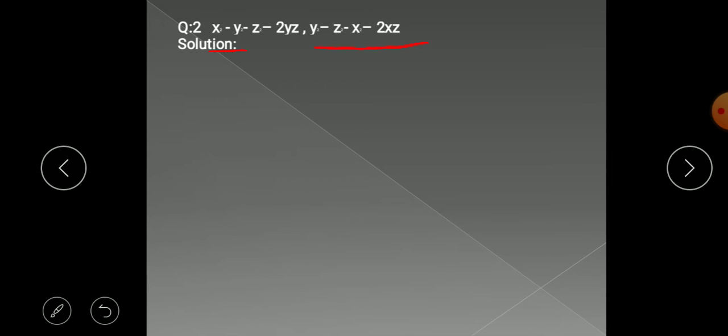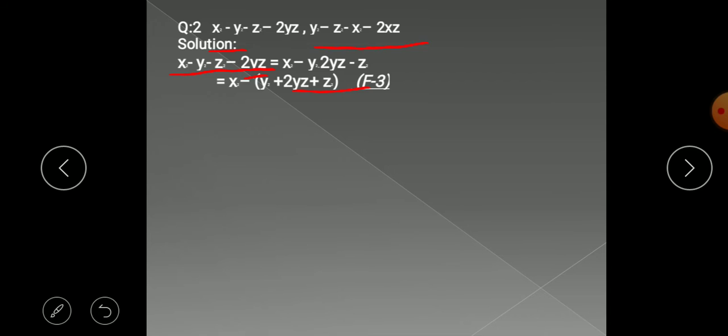Now in the solution, see x square minus y square minus z square minus 2yz. This is the polynomial, and now I have to find its factors. For finding the factors, I will first of all rearrange the expression. I have arranged the minus 2yz in this term, and then written down the second expression.